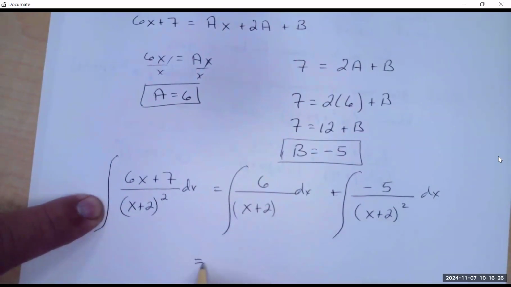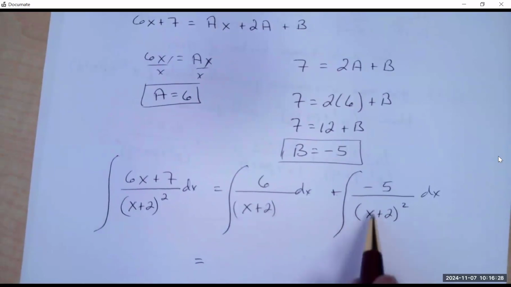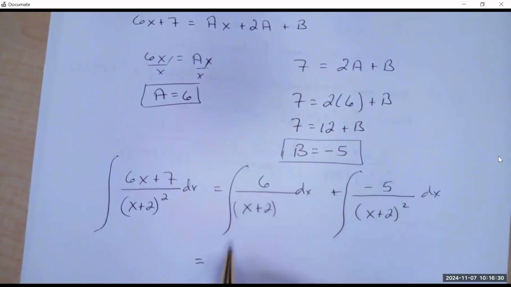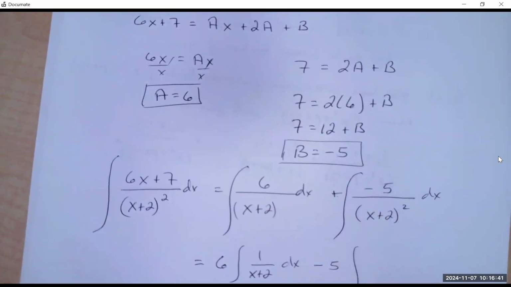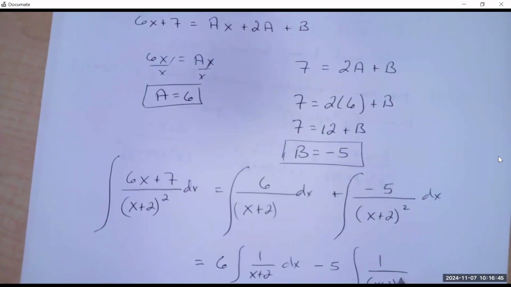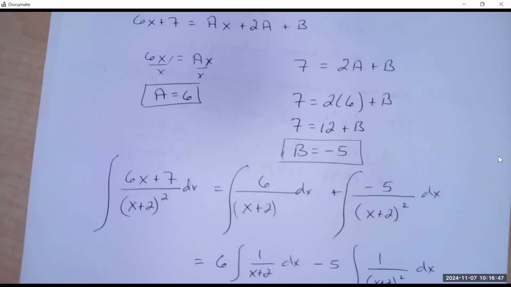It's much easier for us just to worry about this. So this one, 6 is a constant. We have 1 over x plus 2 dx. The -5 is a constant, so we have -5 integral of 1 over x plus 2 squared dx.